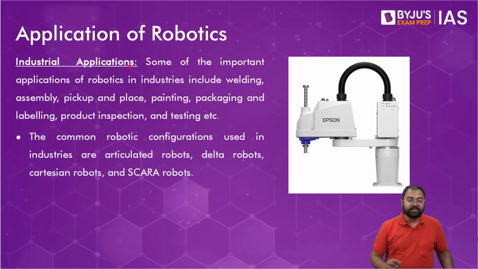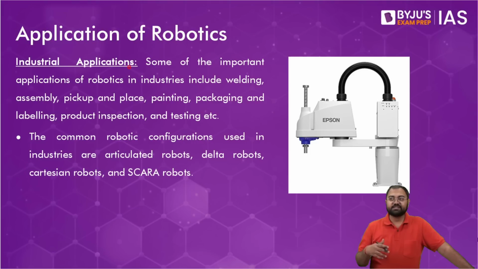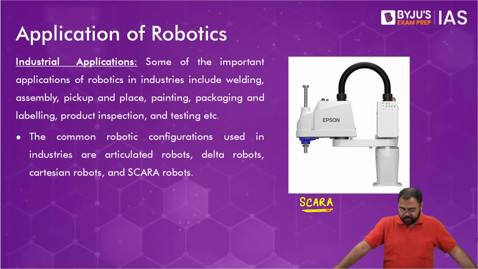Then in industrial applications, we see that again, whether it is for assembly or for welding or picking up things or working on a workpiece, in all these cases we can make use of robots. This, for example, is a very famous robotic arm called Skara. Skara has been one of the very popular industrial robots that has been used in a lot of different industries.